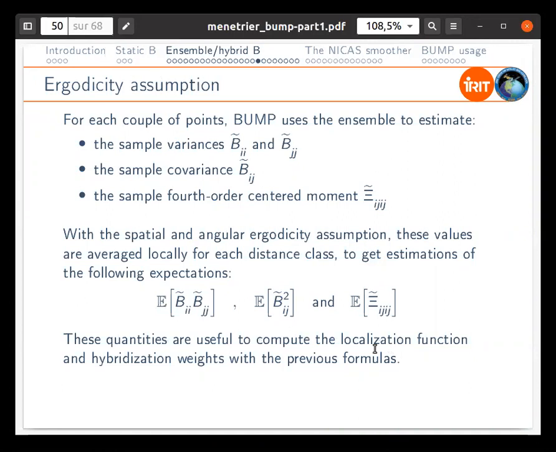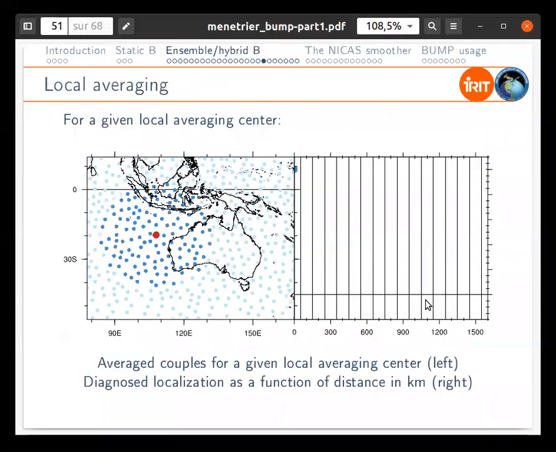These expectations are the ones we find in the formulas. Once we have these quantities, we can compute the localization function and the hybridization weights with the formulas I showed you before. So here is a simple example.